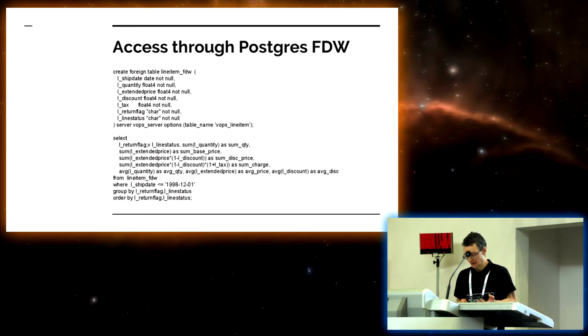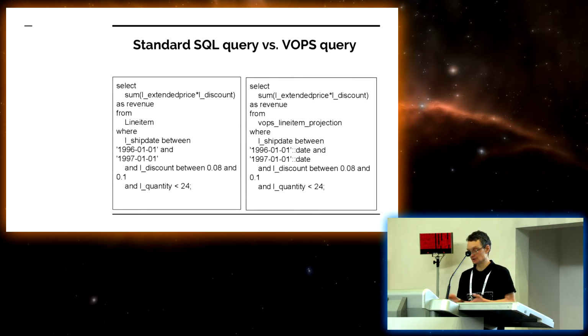Because parallelism allows making it several times more quickly. And below you see an example of how you can use this table in your query. There's no magic about it. It looks precisely the way usual SQL looks.